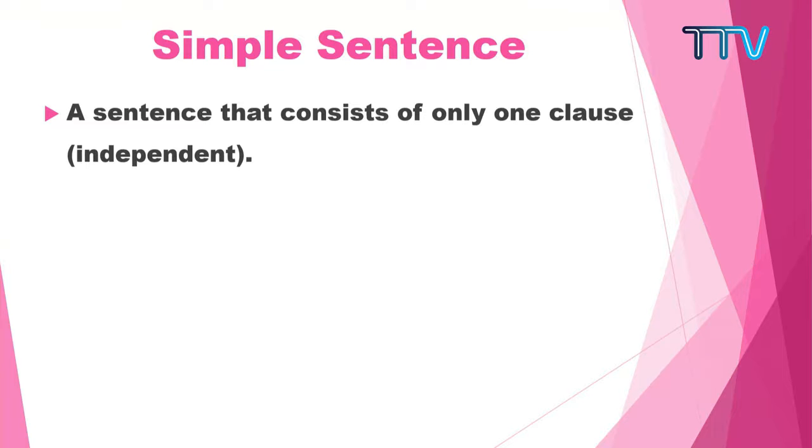Now, you might be wondering what a clause is, because I haven't discussed it. So, I'll just give you an example. A sentence that consists of only one clause, and that clause has to be independent.